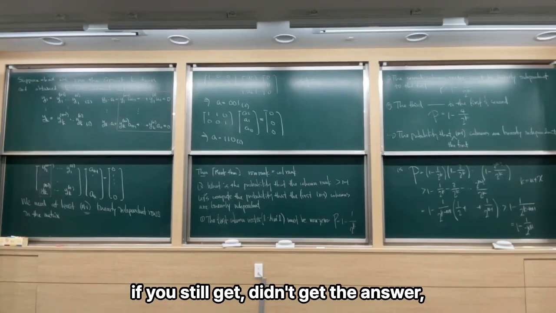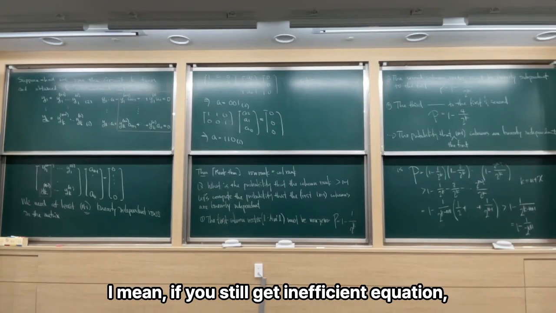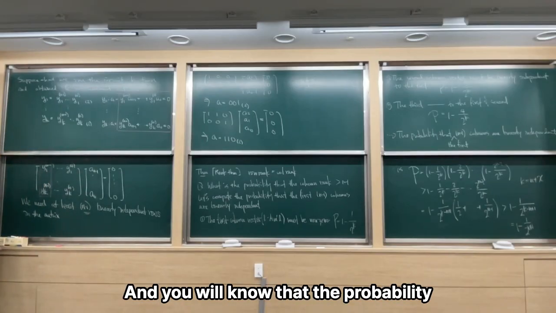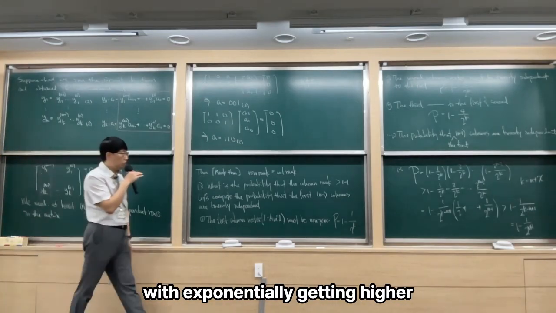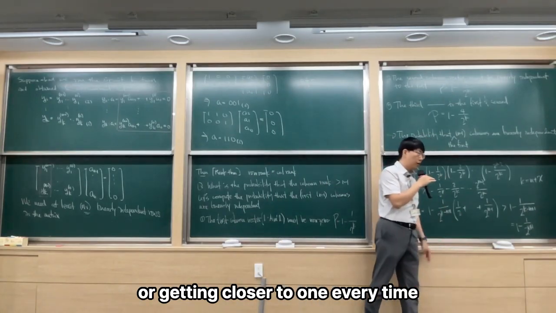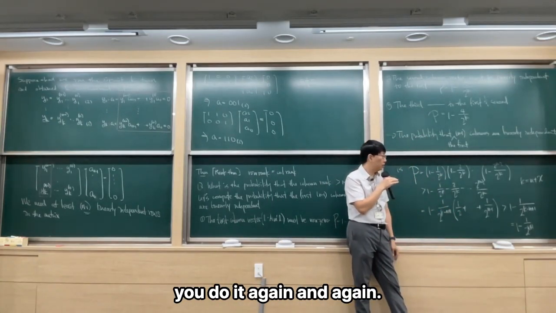And if you fail, if you still didn't get the answer, and you still get insufficient equations, then you can keep going on, right? And you will know that the probability will exponentially get higher, getting closer to one, every time you do it again and again.